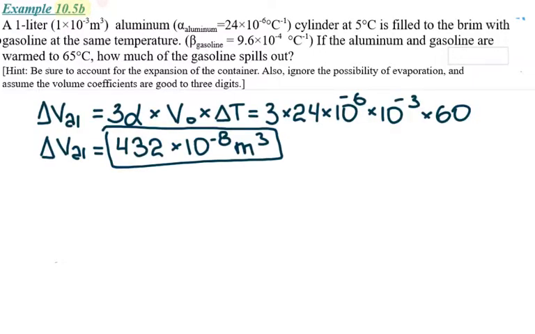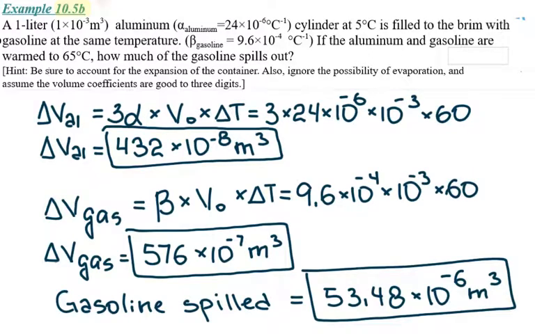So here I use the volume expansion for aluminum first, and I need 3 times the linear expansion of the aluminum to get the volume expansion of it, and I will do the same for the volume change of the gasoline.